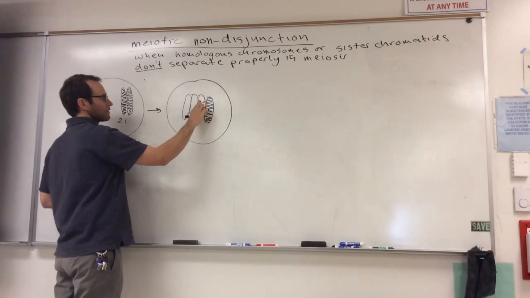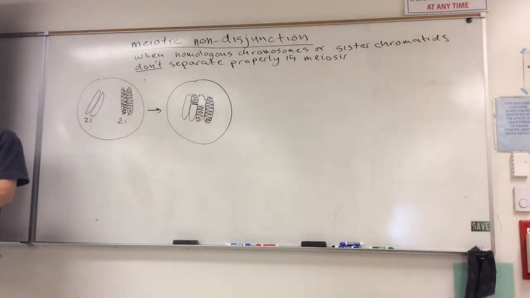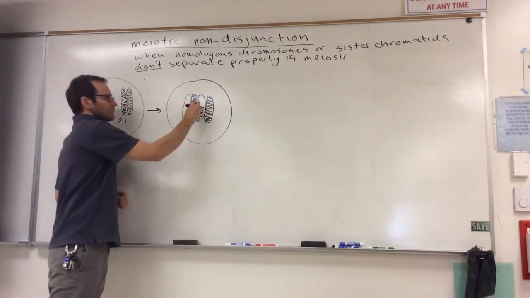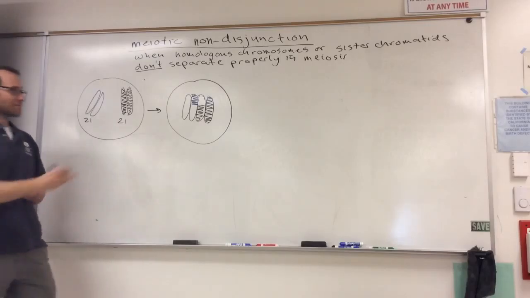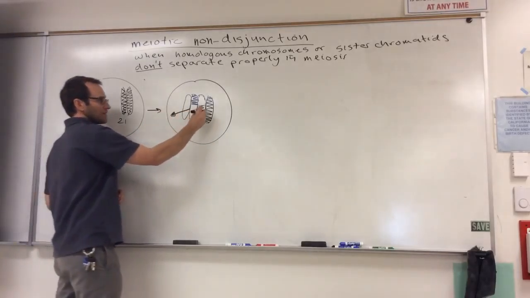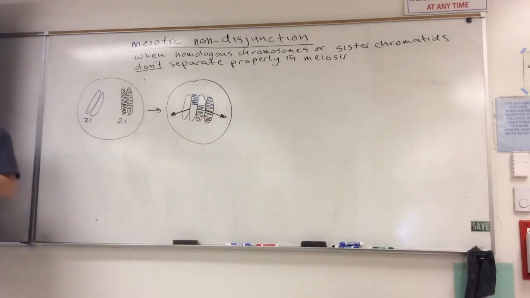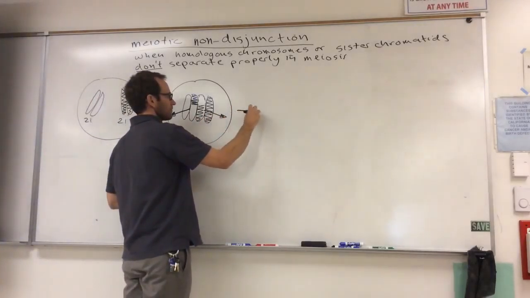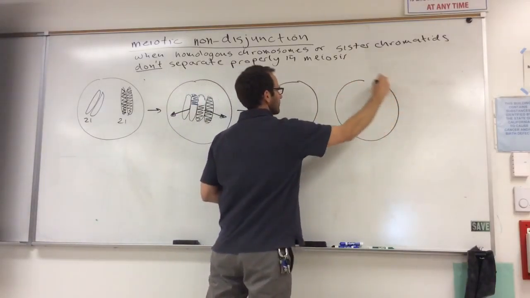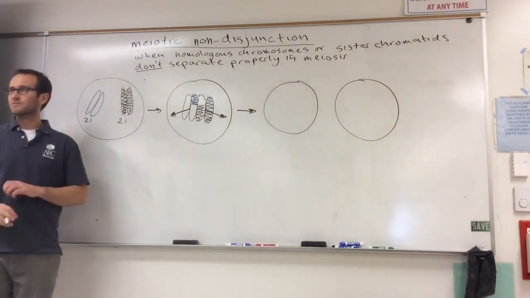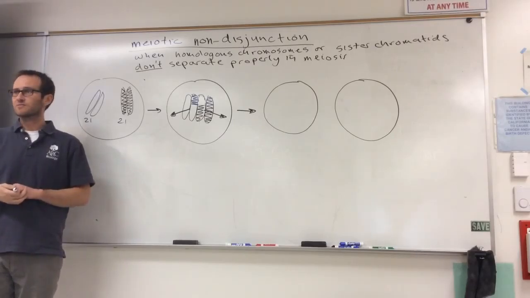So I'll swap part of this over here, and vice versa. So next, the pair of sister chromatids are going to move over here, the pair of sister chromatids move to the other side, and then the cell divides. So let's do that. I'm going to omit some steps because you guys are so familiar with meiosis.